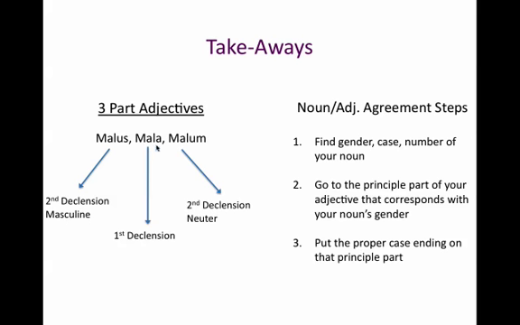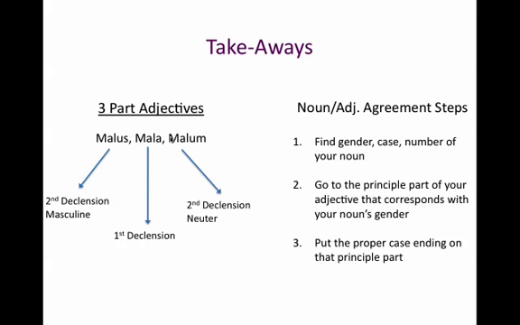The second part, mala, is the feminine form, and you're going to decline that in the first declension. And the third form, malum, is the neuter form, and that will be in the second declension neuter. Also remember, when you're getting your stem for 3-part adjectives, you always go to the feminine form and drop the A.